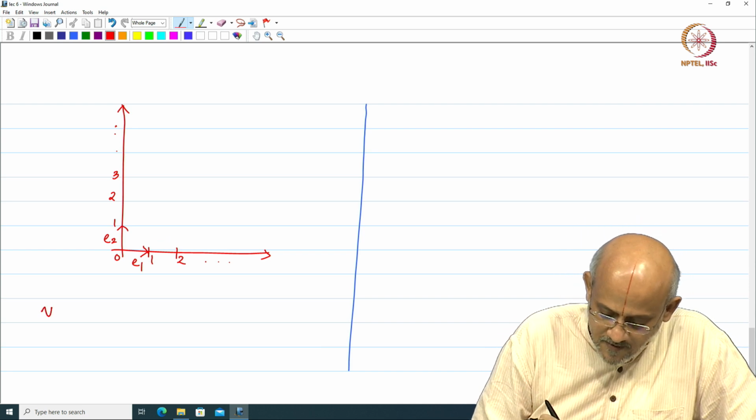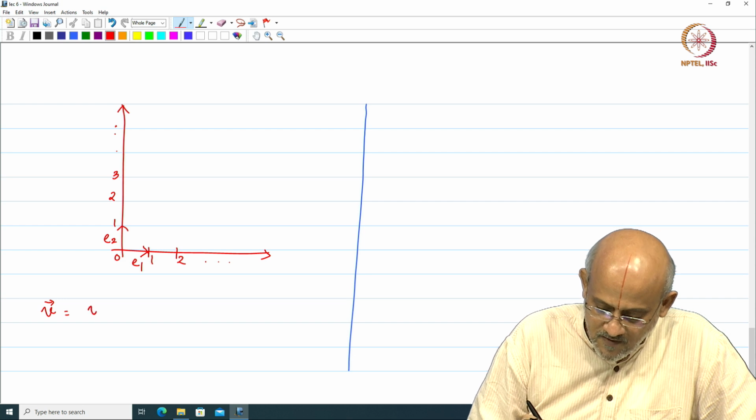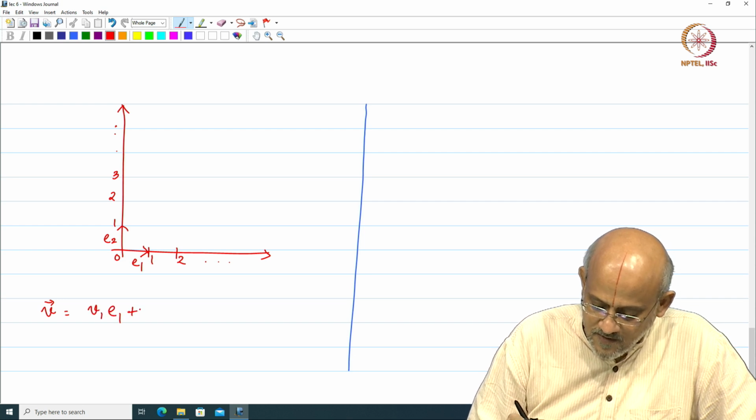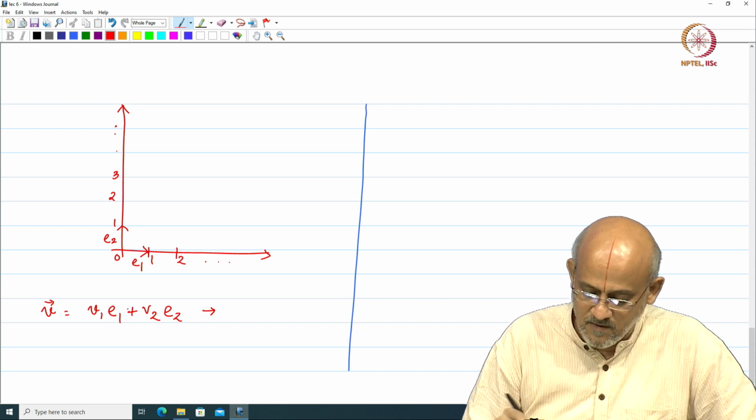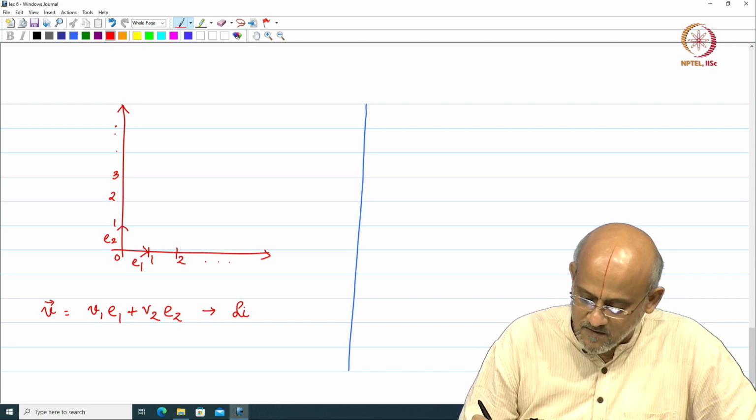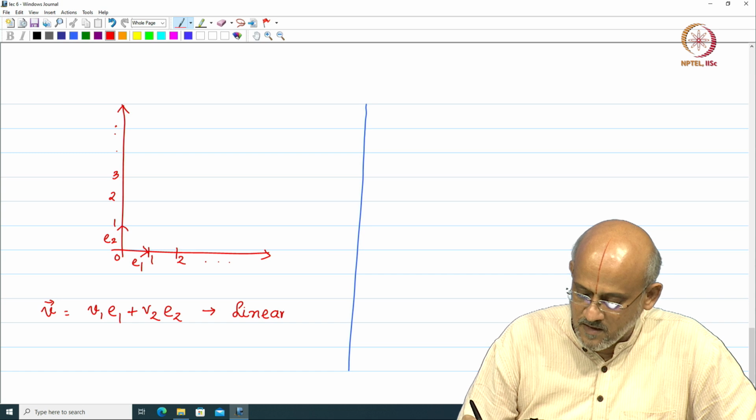So any vector V can be expressed as V1 into E1 plus V2 into E2. That is, we express the vector V as a linear combination of these two vectors E1 and E2.